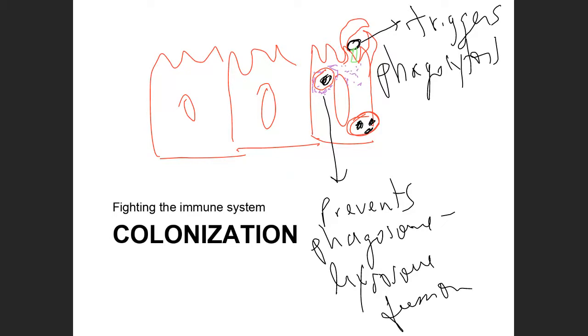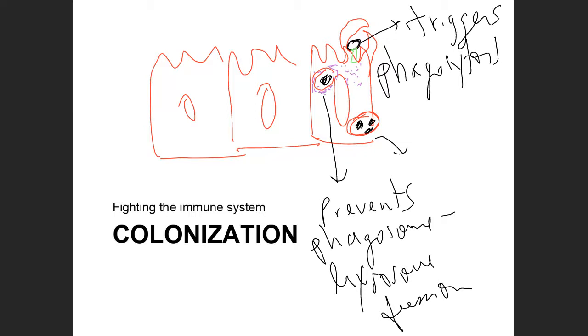Inside the host cell, it is safe. The immune system cannot get to it. Eventually, it may break off and go into deeper tissue. Typically, that's what happens. Once it has multiplied, it will break off the host cell and begin to invade into the connective tissue, may gain access to blood, and then may become systemic.